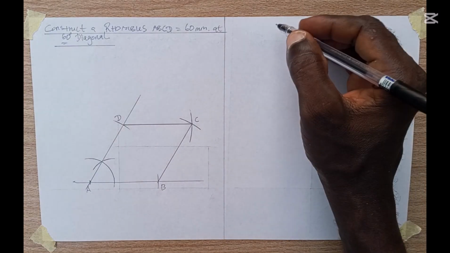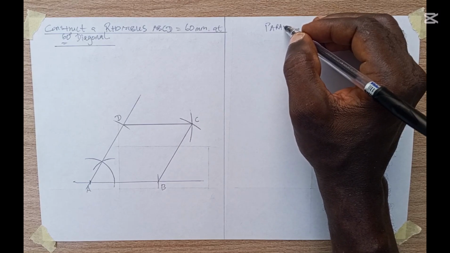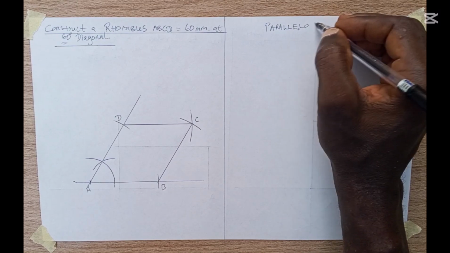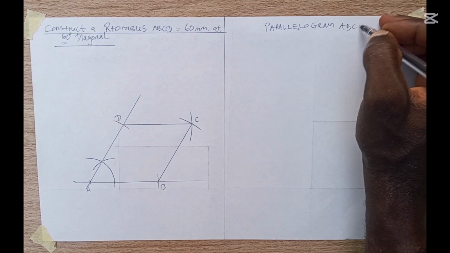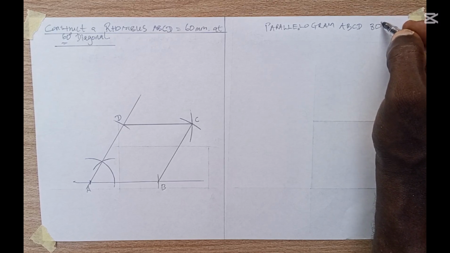Now this parallelogram is also A, B, C, D. It's going to be 80 mm.